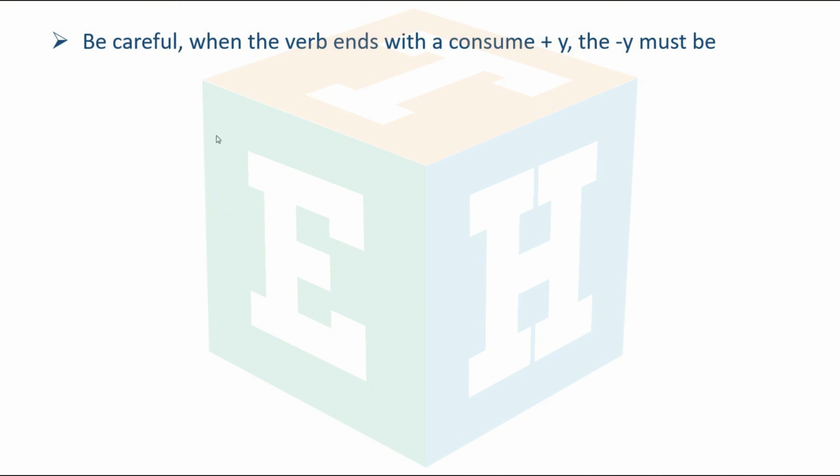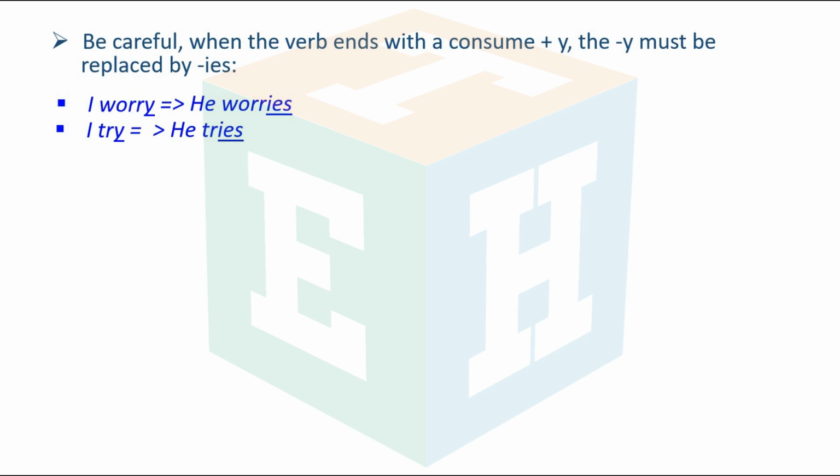Be careful. When the verb ends with a consonant plus y, the y must be replaced by ies. I worry. He worries. I try. He tries.